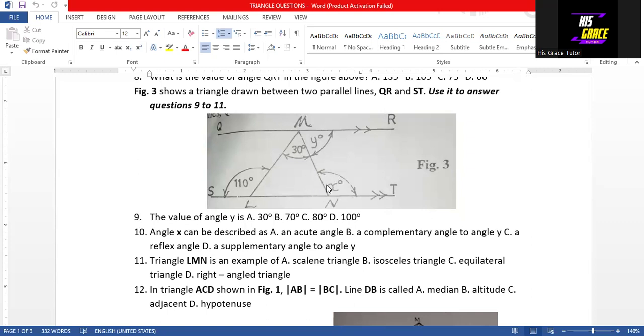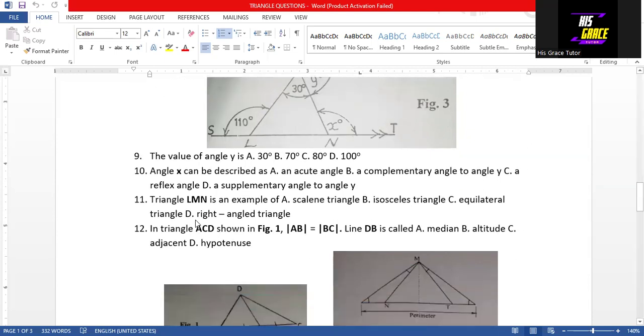And supplementary angles are angles that add up together to 180 degrees. So the sum of angle Y at this point and this angle X will be 180 degrees, which are supplementary angles. So the answer is option D for question 10.